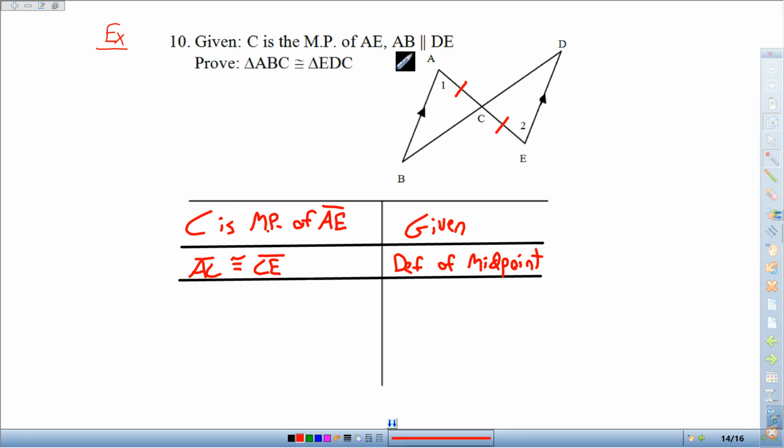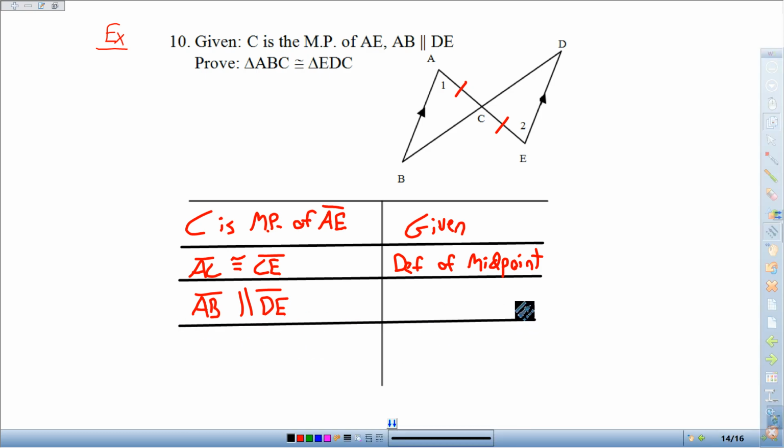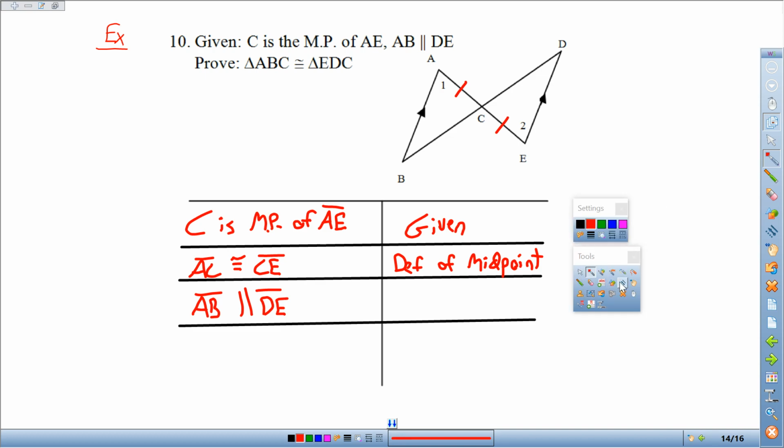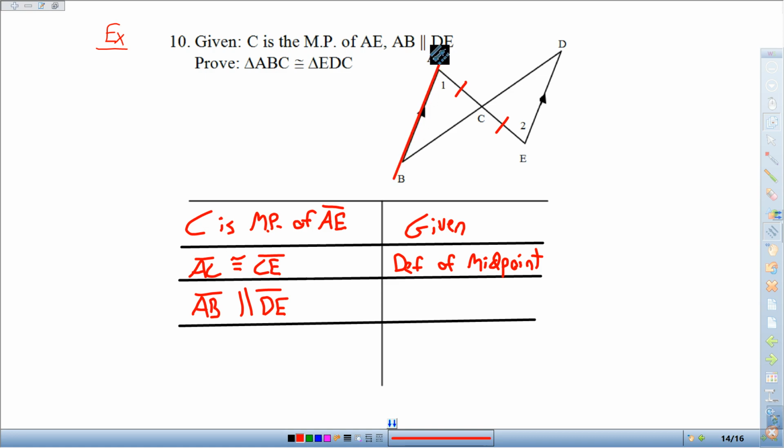Moving along, I now have another given statement, parallel lines. They're saying that AB is parallel to segment DE. What does that mean? Well, when we get parallel lines, we often get congruent angles. But what angles are congruent? There's my parallel lines. Here's the thing: there's actually two transversals. There's this one and there's this one. But here's the thing about these problems.